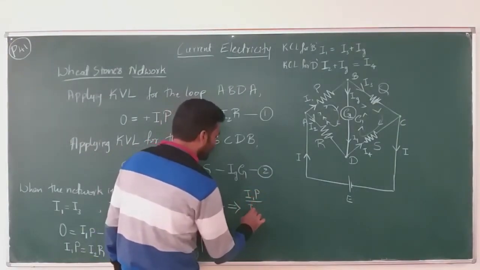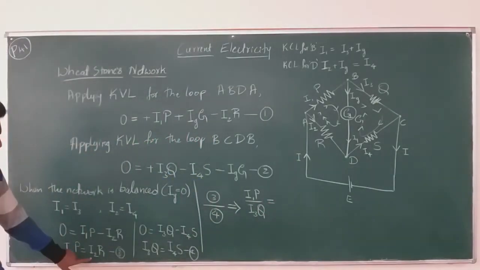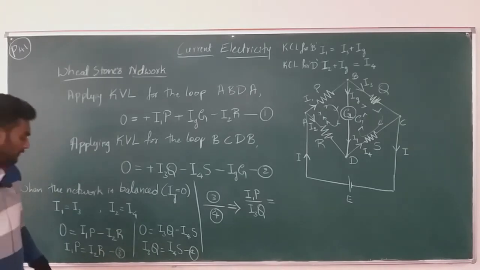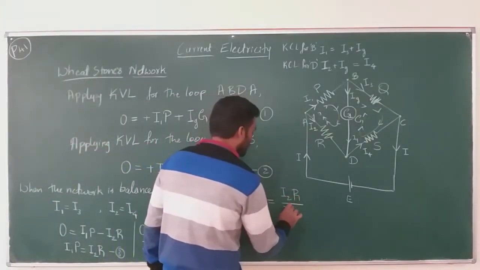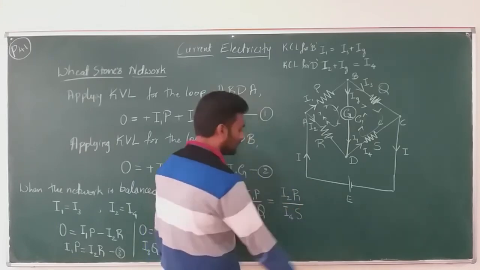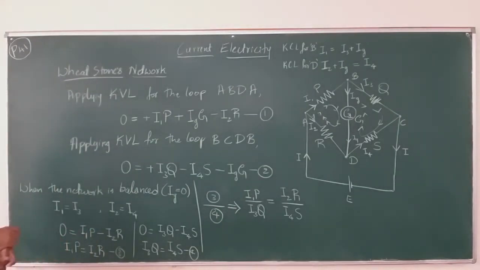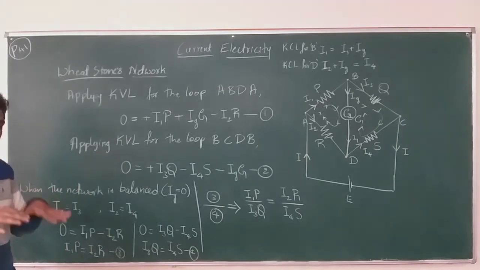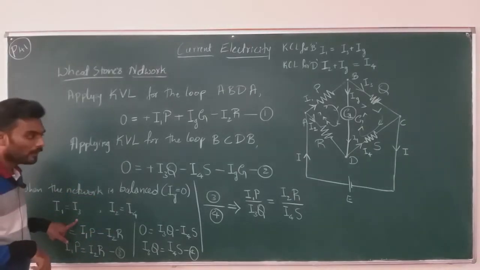I1P by I3Q is equal to I2R by I4S, right? This is the equation that we get when we divide equation 3 by equation 4. Now, what is I1 and I3? The relation between I1 and I3 is this. This is when again the network is balanced. So, when the network is balanced, I1 is equal to I3. So, I can cancel them.